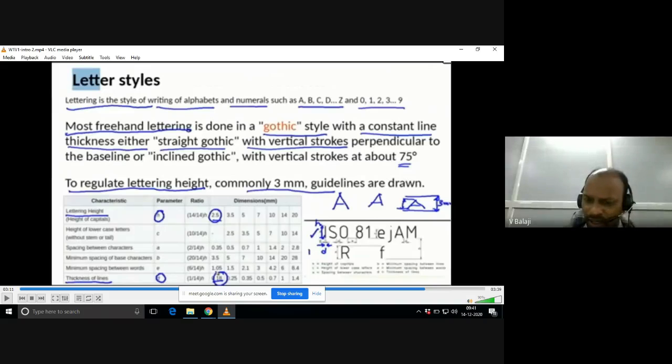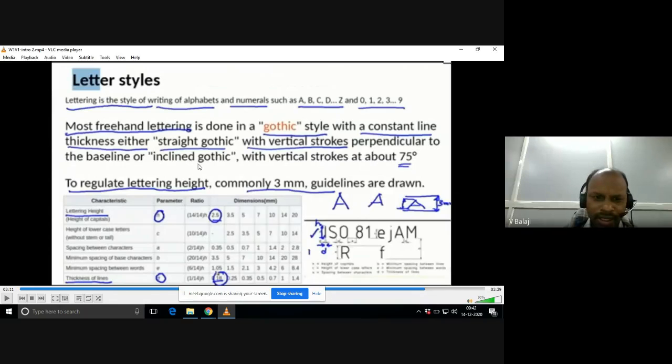For small letters there are also standards. Generally for capital letters you can go by a 5 by 6 ratio, where 6 is the height and 5 is the width. For small letters you can go by 3 by 4. You can find these standards in the textbook also.